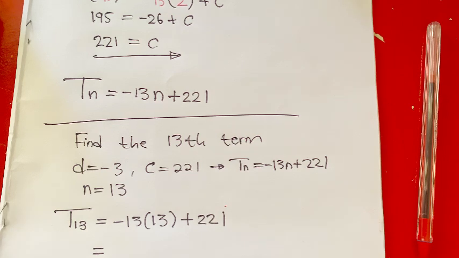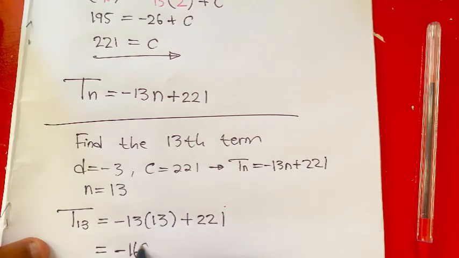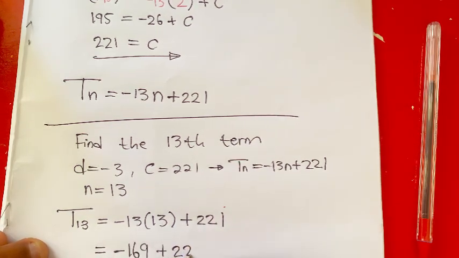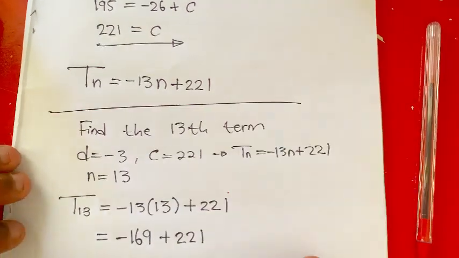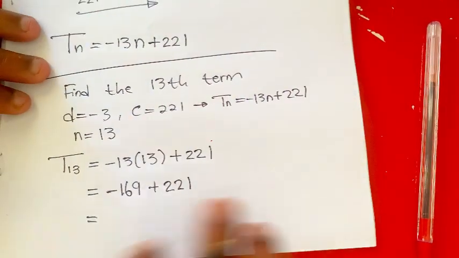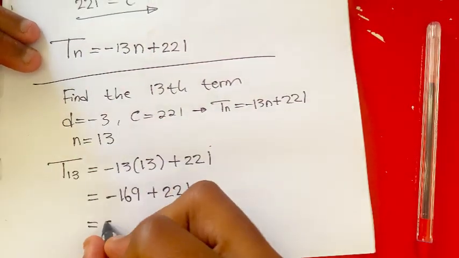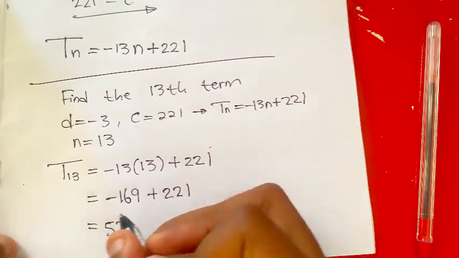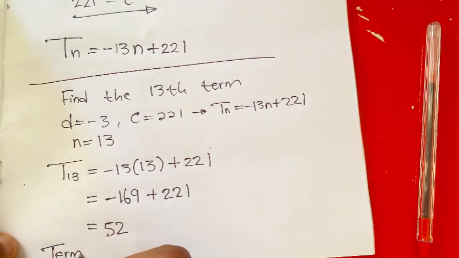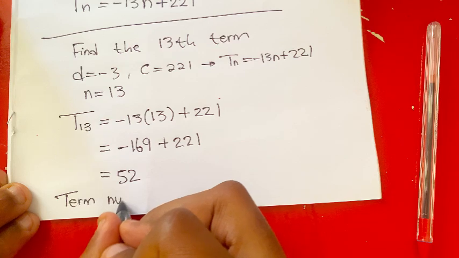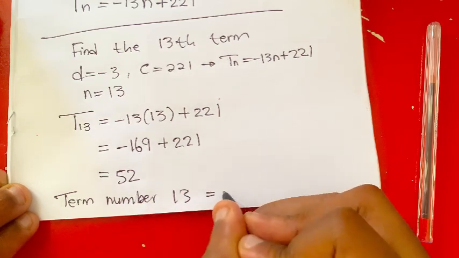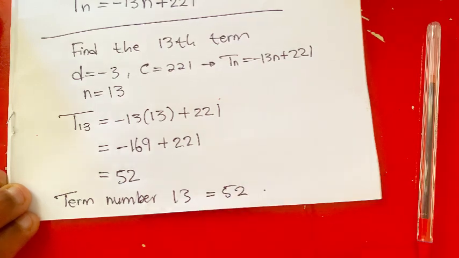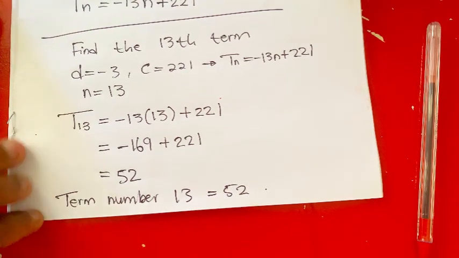Negative 13 multiplied by 13 is negative 169 plus 221. Negative 169 plus 221 will give me 52. So term number 13 is equal to 52, and you're fine.